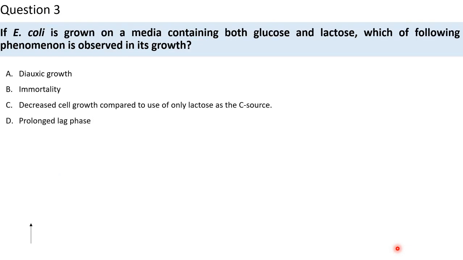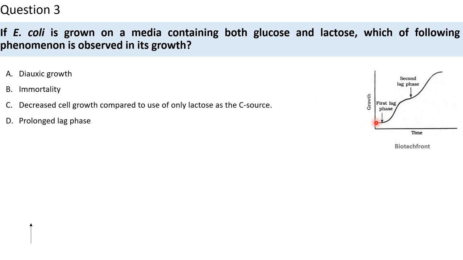If E. coli is grown on a media containing both glucose and lactose, which of the following phenomena is observed in its growth? Diauxic growth, immortality, decreased cell growth compared to the use of only lactose as the carbon source, prolonged lag phase. So we all know how the growth profile looks when 2 carbon sources are present: it's going to be diauxic growth.